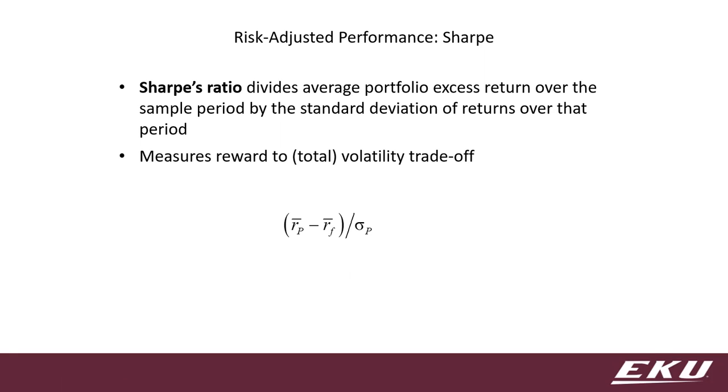This is one that we teach in investments. It's one of the early ones. So what you do is you look at the return that you have and then subtract off the risk-free rate. So that excess return divided by the standard deviation of your returns, right? So it's how much your return was divided by the level of risk that you were taking on.